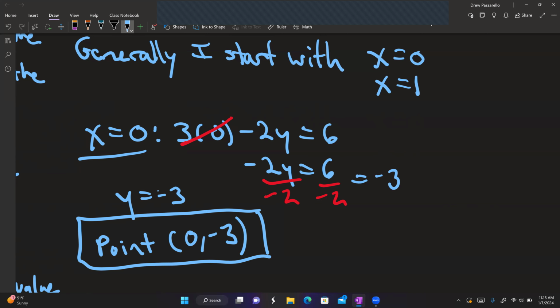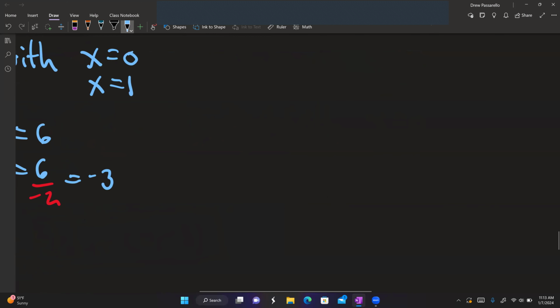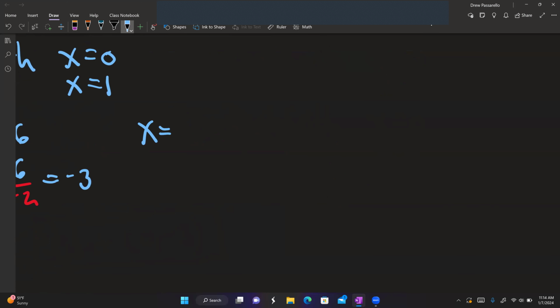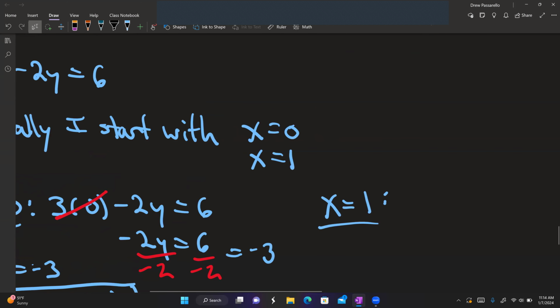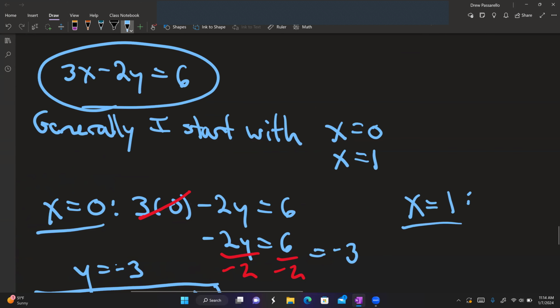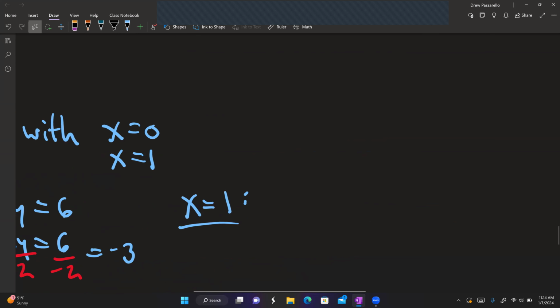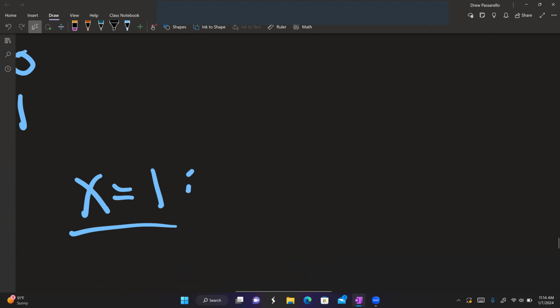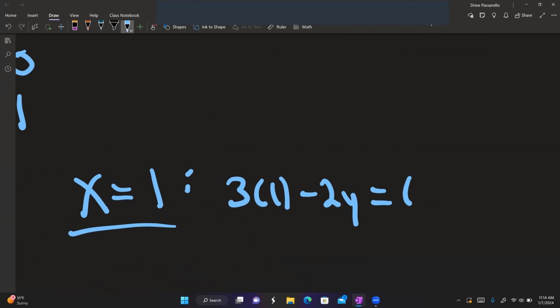Now I'm going to try plugging in 1. And again, we're always plugging it into the original equation, 3x minus 2y equal to 6. So plugging in 1 will be 3 times 1 minus 2y equal to 6. And then you'll have 3 times 1 is 3.